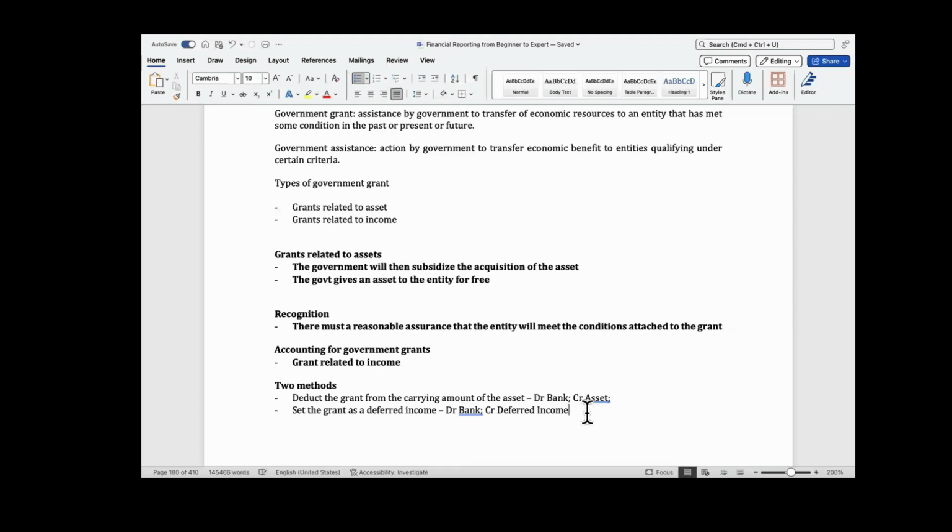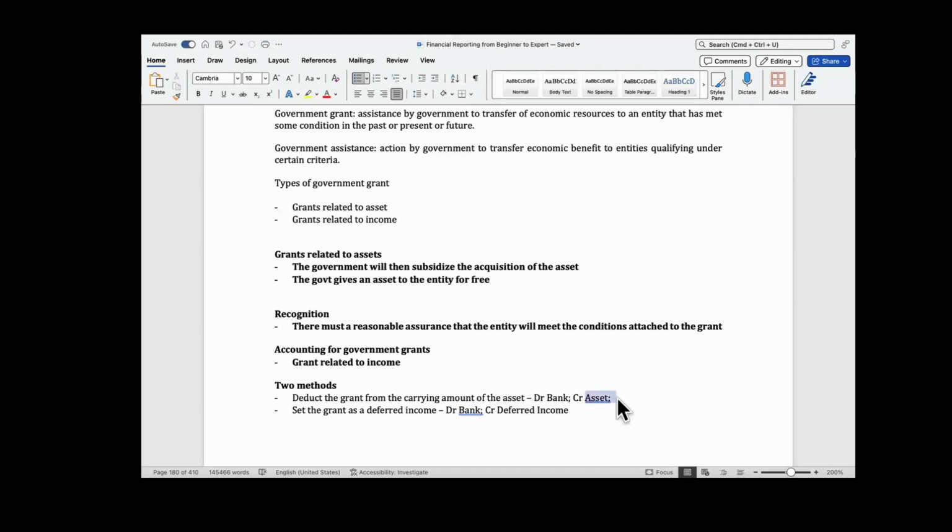If you are spreading the depreciation of the assets over 5 years on a straight line basis, the grant income, this deferred income, you are also going to recognize in P&L over 5 years on a straight line basis.